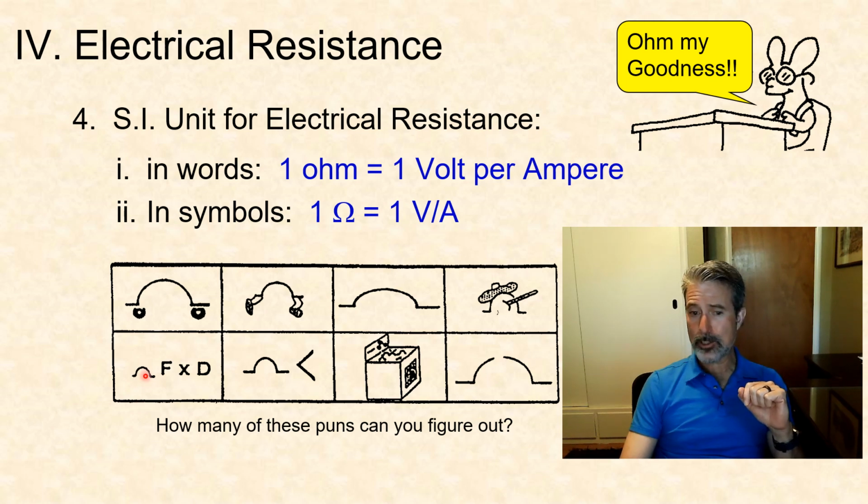Lower left here in the second row, every good physics student knows that's ohm work, right? Force times distance, a measure of work. The one next to that is ohmless. And here, this is probably one of the tougher ones. In your generation, you may not be familiar with this, but this is what we would call an ohm on the range. It's an old cowboy song, before my time too, believe it or not. And the last one over here, this is what we would call a broken ohm. So, like I said, I hope you enjoyed that, but it won't be on the test.